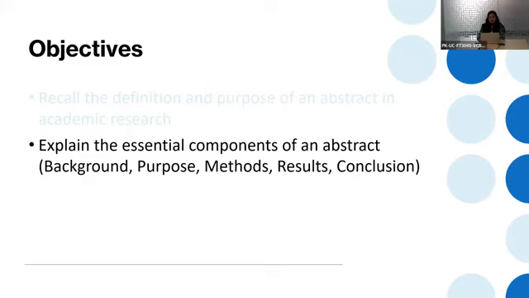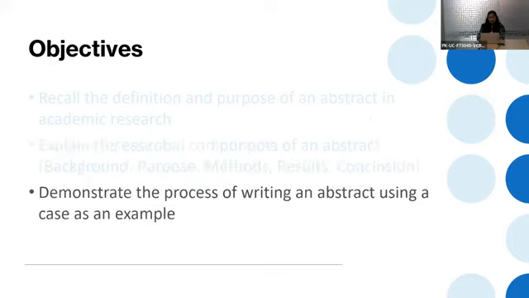We'll learn about the essential components of an abstract, which includes the background, purpose, methods, results, and conclusion. And then we will understand through examples how to write an abstract that is highly likely to be accepted for a conference presentation.